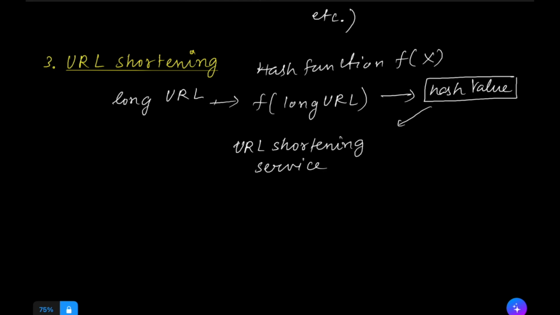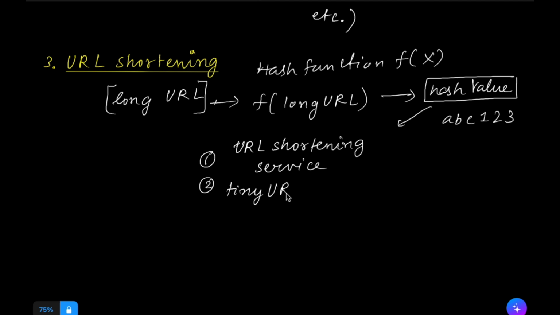Say my hash value is abc123 for this long URL, and my shortening service is, let's say, tiny URL. It will look something like this: url.com/abc123.